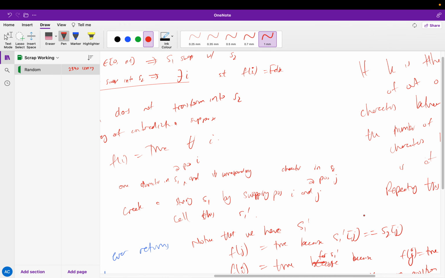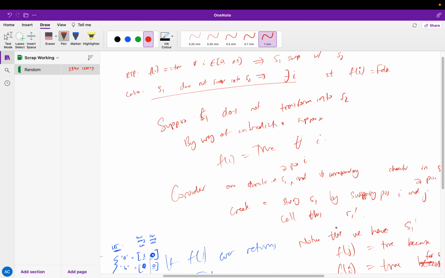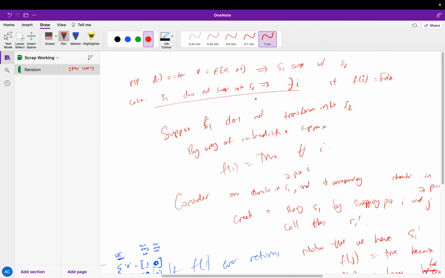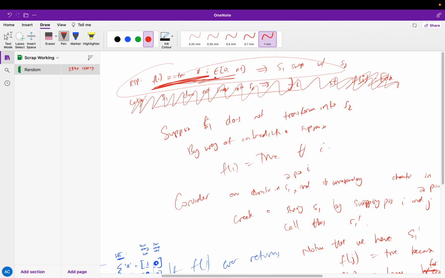So, okay, if I was to write this out properly, because this is more like scrap working, I wouldn't bother with the contrapositive. The first way works. The original thing is better. So I would propose that fi equals true for all I, and then I would aim to prove that S1 can transform into S2.